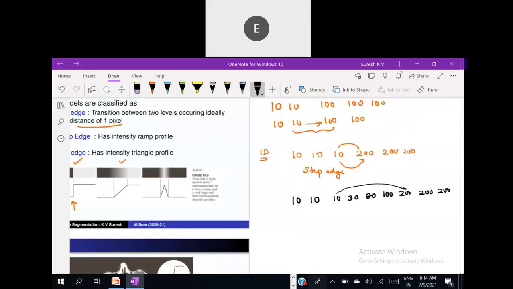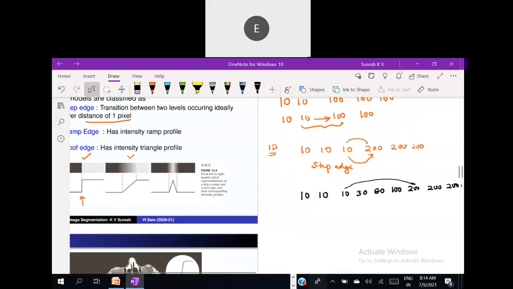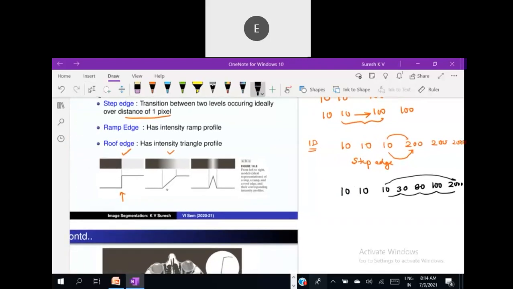The value will not change abruptly. It will change gradually. So it first goes to 10, then to 80, then to 100, then to 200. That's what you see here. Such types of edges are ramp edges because the profile looks like a ramp.